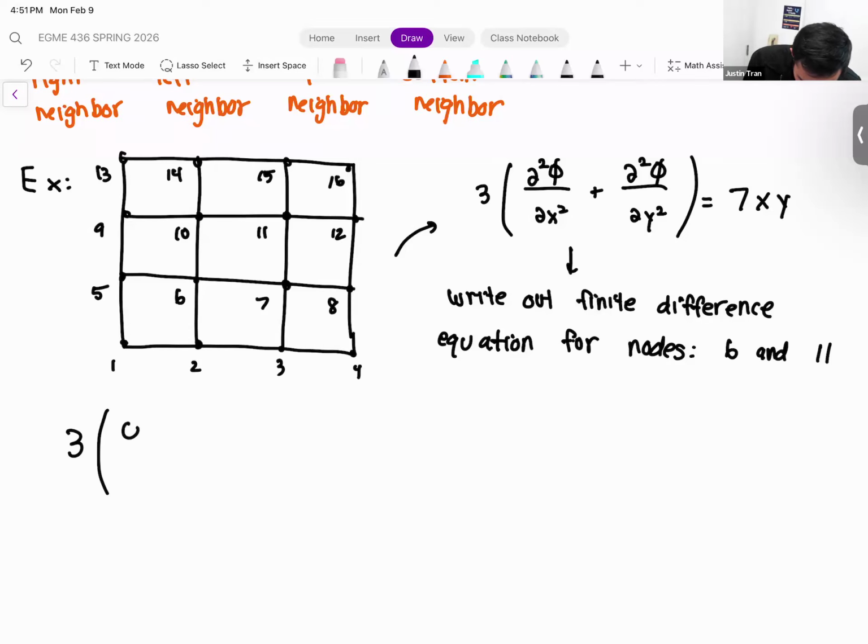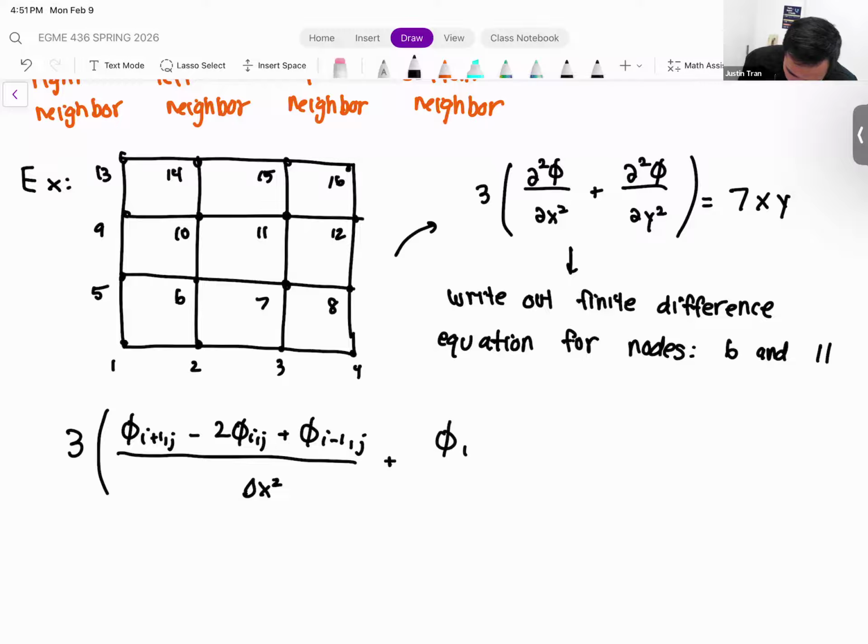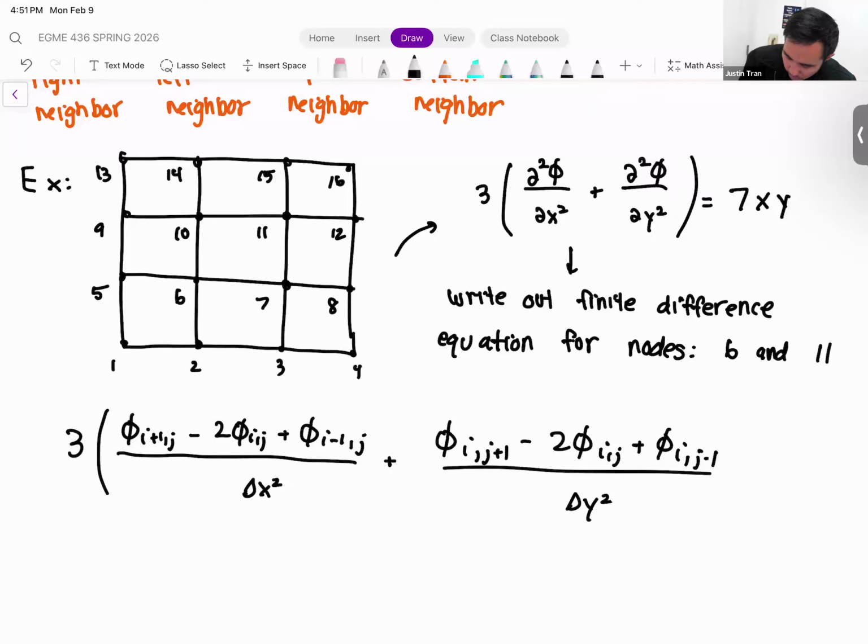Then we have phi i plus 1, j minus 2 phi i, j plus phi i minus 1, j, all divided by delta x squared, plus phi i, j plus 1 minus 2 phi i, j plus phi i, j minus 1, all divided by delta y squared. And then for our source term, we're just going to replace x and y with x_i and y_j.